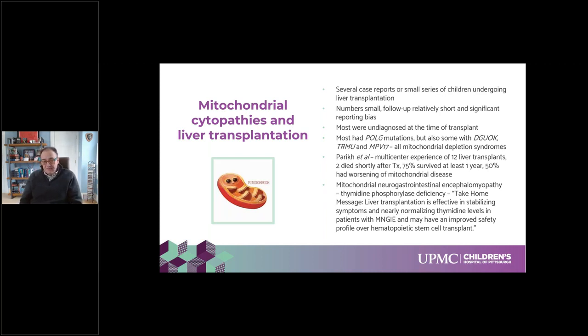And stem cell transplantation has been suggested as an alternative, but liver transplantation may have an improved safety profile over bone marrow transplantation. So that is one mitochondrial condition that may well be a good indication for liver transplantation.